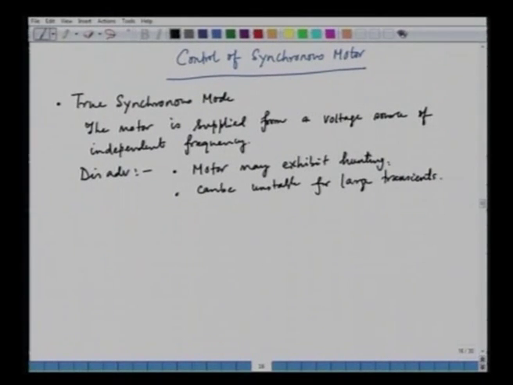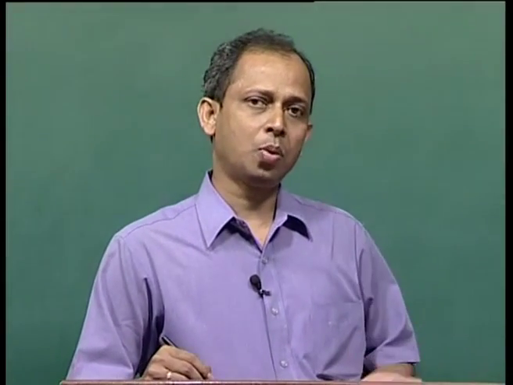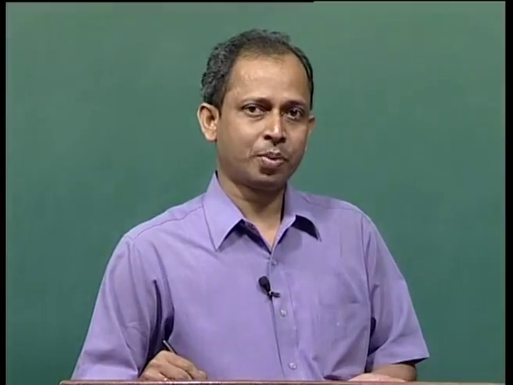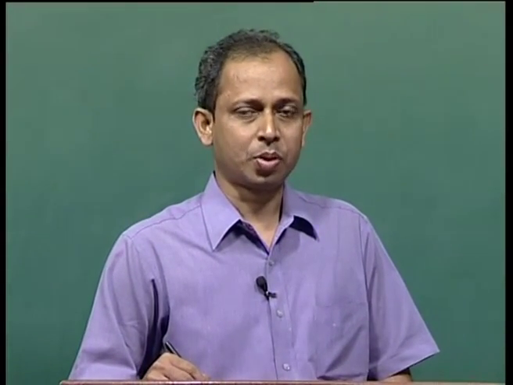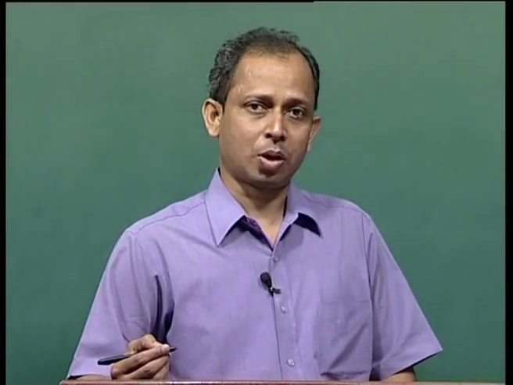Large transients means, suppose we apply a very high load, and the motor may fall out of step. Furthermore, suppose we want to increase the frequency of the supply, and we increase it from, let us say, 25 hertz to 50 hertz immediately. The motor may not be able to respond to such a large change of frequency, so it may fall out of step.